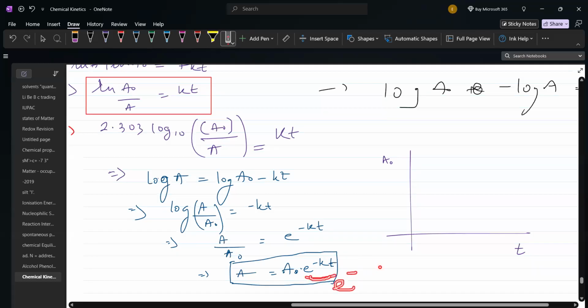Since if you increase the minus power of e, the whole value will decrease. e to the power -1, e to the power -2, e to the power -3, the values are getting down and down, right? So as we increase the time, the concentration of A will decrease. Yes or no?